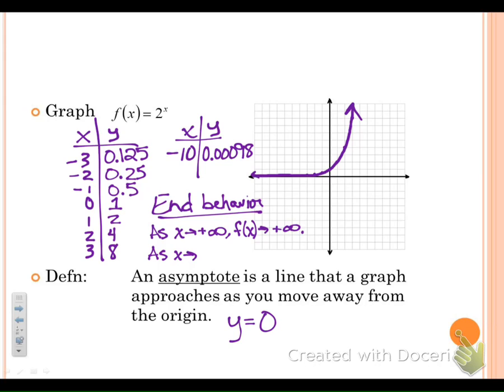As x approaches negative infinity, we actually don't have a down arrow. We have a left arrow. So this arrow is approaching 0. When we have an asymptote, then the end behavior actually approaches that number. This is the first time we're actually seeing a number and not an infinity.